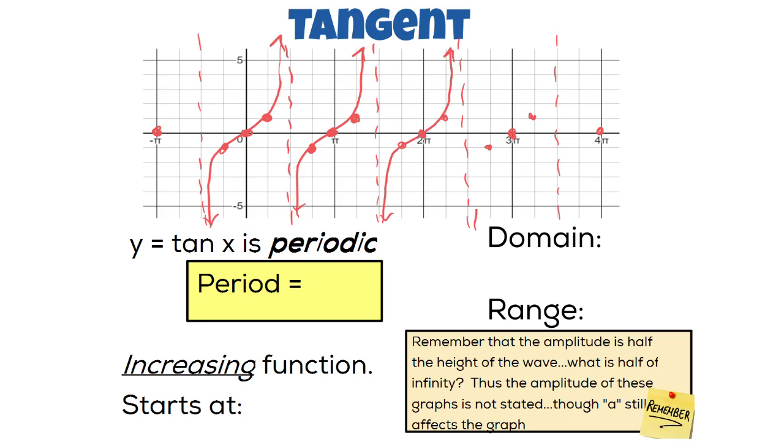Now, a couple things to consider. When I said that this happens at the 45s, ultimately, this is all very symmetrical. What you're going to do is the same thing I just did: identify where your x-intercepts are. Tangent is supposed to start at 0, so it would start right here, but maybe you have some phase shift or something to deal with.